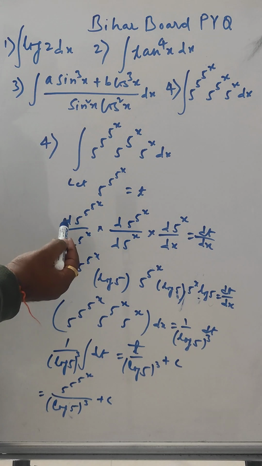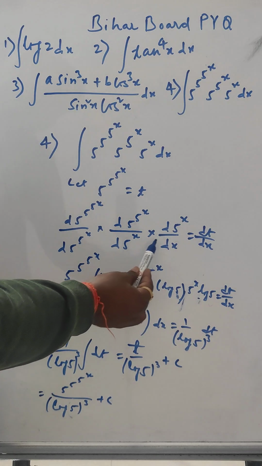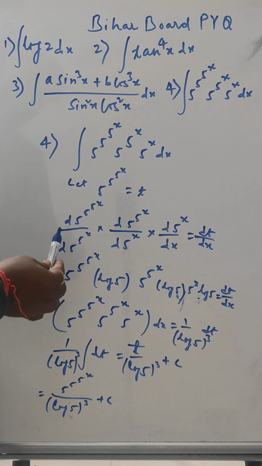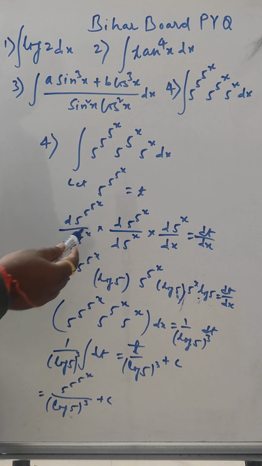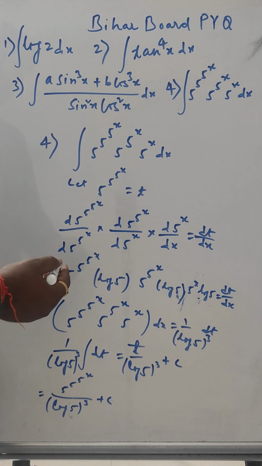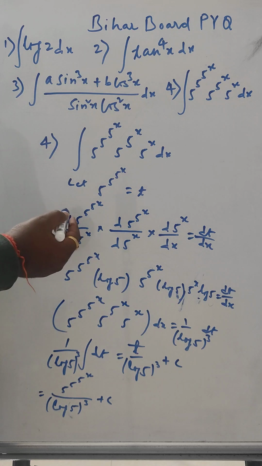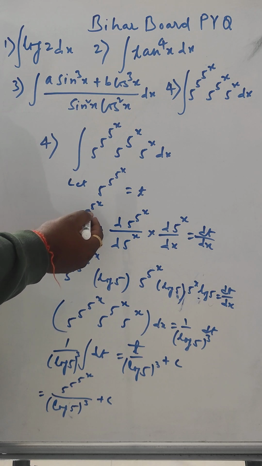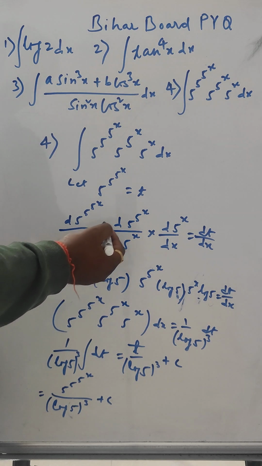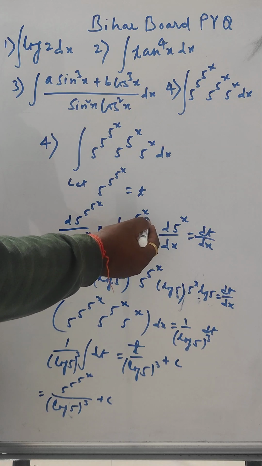So this is the main point to remember when you are doing the differentiation. This has to be written with respect to what? Like this only you have to do it. So here this much with respect to 5 to the power 5^x, and this again has to be differentiated with respect to 5 to the power this much.